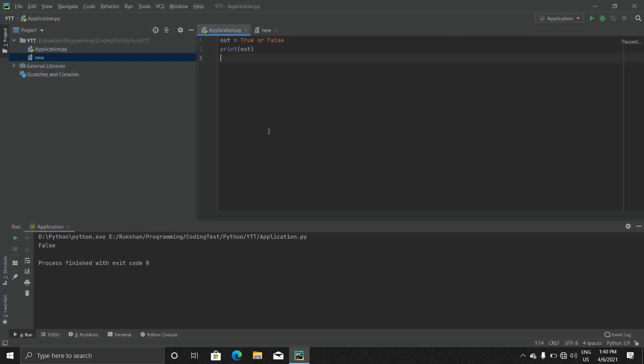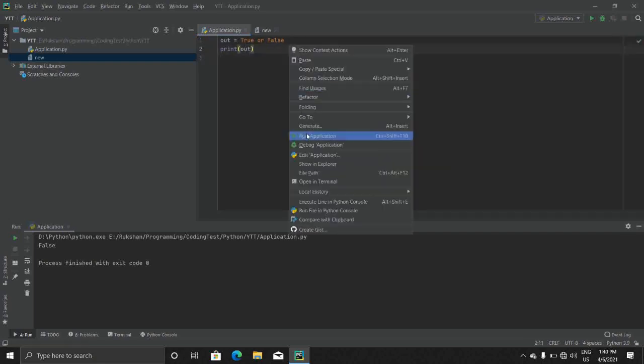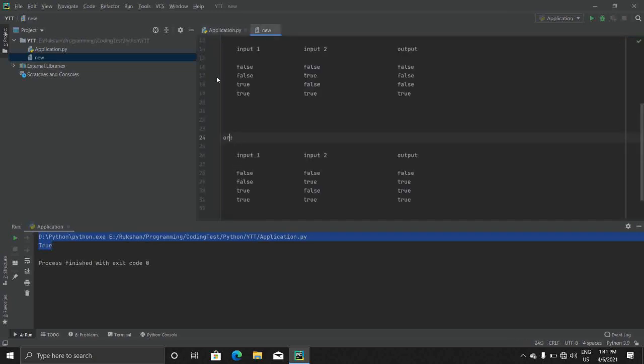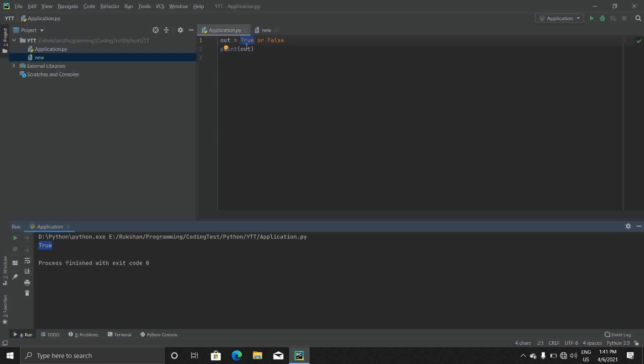Now this is the same for all Boolean operators, and you just have to put the or keyword instead of and and run the application. We get true because we have the first input as true and the second input as false.